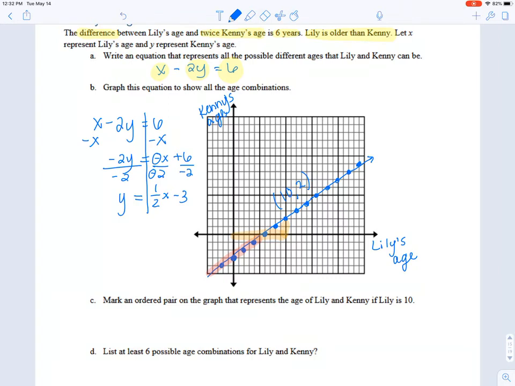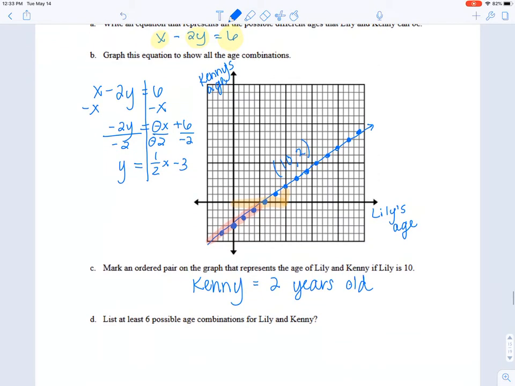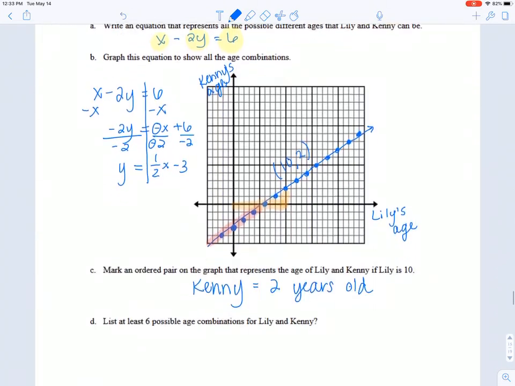Okay? So when Lily is 10, Kenny must equal 2 years old. So they are pretty far apart if that's the case, right? Because twice Kenny's age is being subtracted from Lily's age, okay? And that difference is 6.